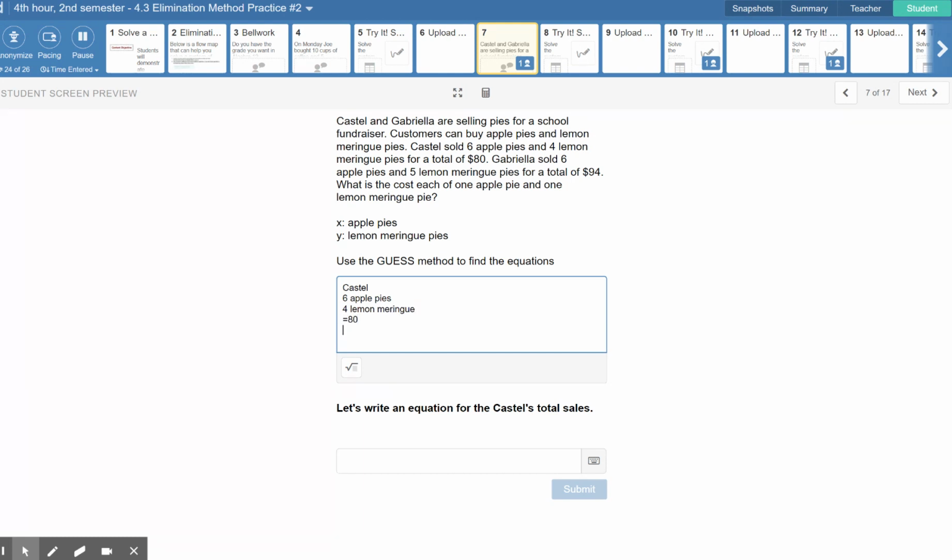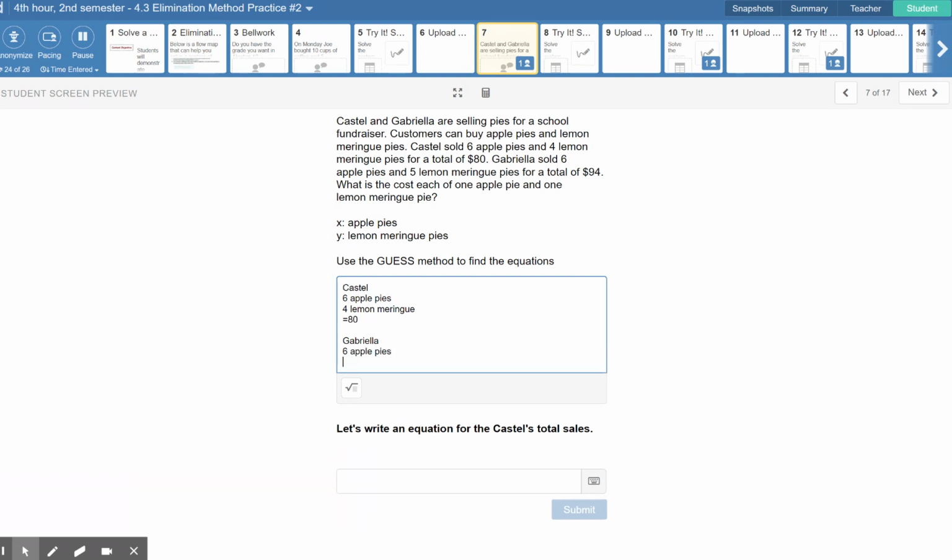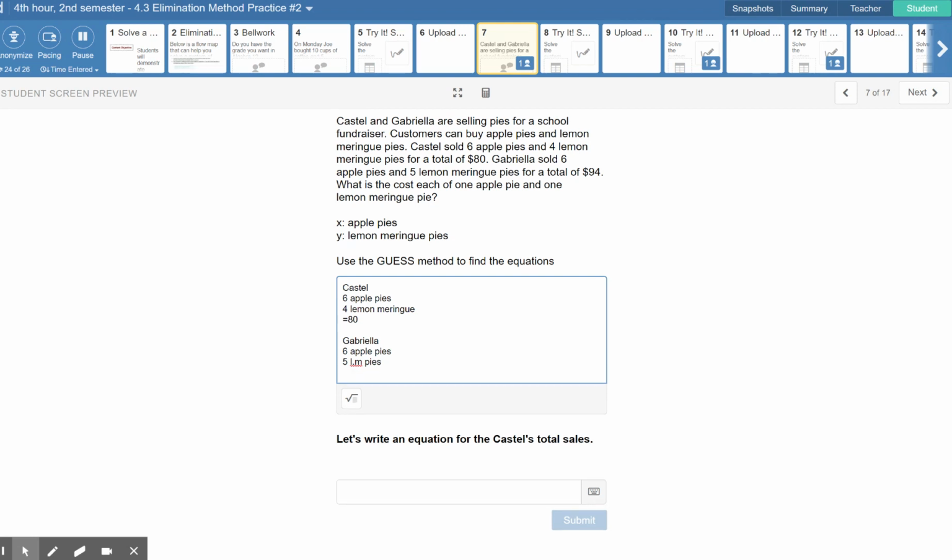And the total was $80. Gabriella was able to sell 6 apple pies and 5 lemon meringue pies. But her total was $94.